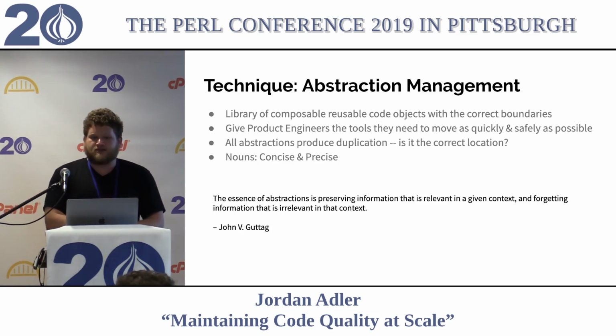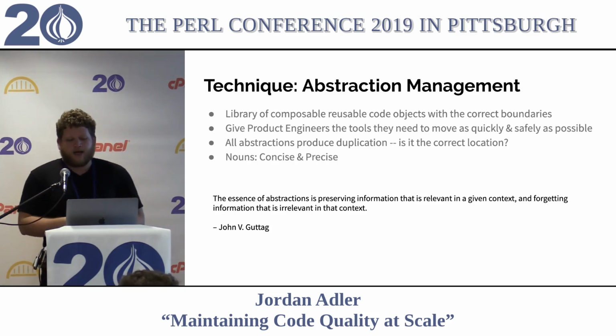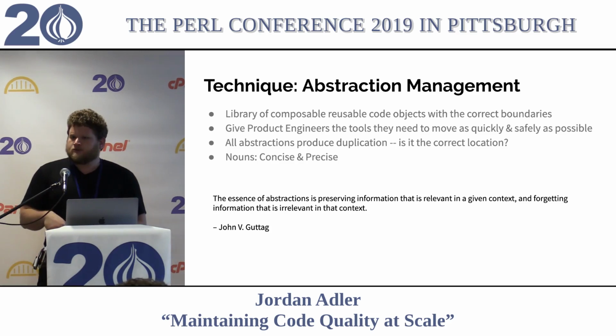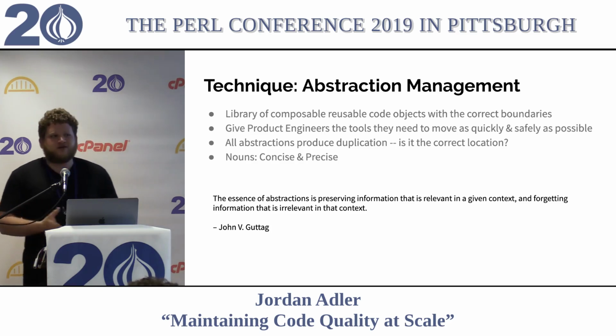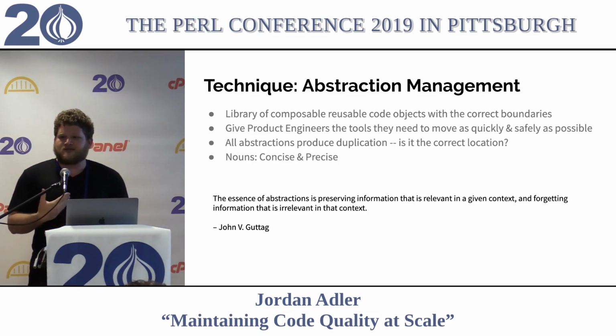A true abstraction being something where you can treat it like a black box. You don't have to care how it works. Abstractions can often be leaky. So for example, if you open a file handle, you don't expect to have to think about things like inodes, but you might sometimes, right? You might have to. And so making sure your abstractions are as leak-proof as possible is important.